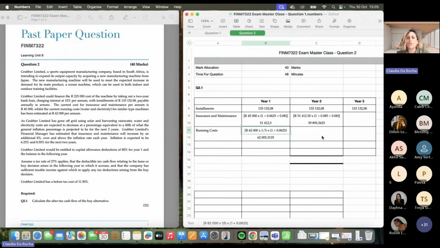Then we do the following year, and because it is inflation, we must take into account the amount that we calculated previously. Times it by a fifth, times it by whatever the inflation is for that year, which is the 8.5%.